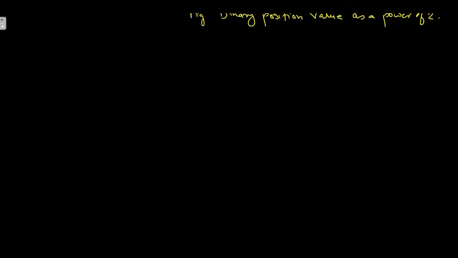Now we take an example. Represent binary number 1101.101 in power of 2 and find its decimal equivalent.